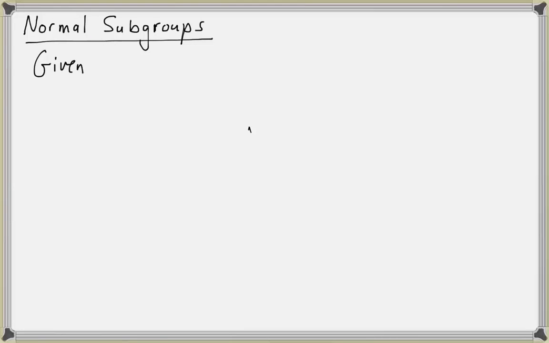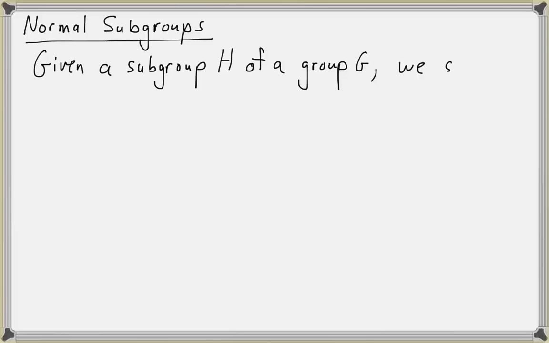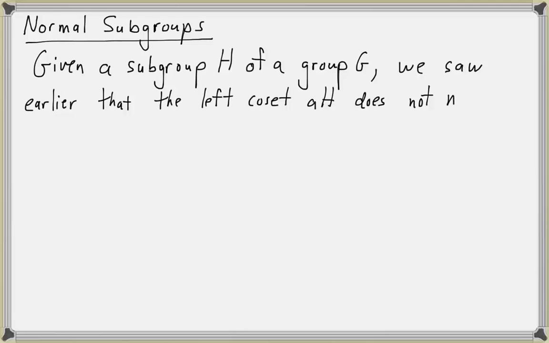So given a subgroup H of a group G, we looked at examples earlier that the left coset AH does not necessarily equal the right coset HA.